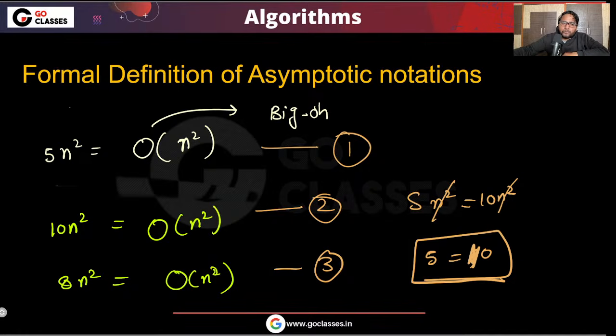That's why we want to see the formal definition. We just used this equal sign, but actually it is belongs to. If I say n square equals order of n cube, or 5n square equals order of n cube, or 10n square equals order of n cube, it doesn't mean I'm saying equal.